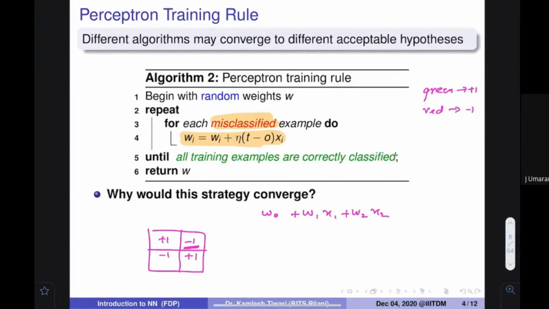If I increase the weights, W0 plus something, W1 plus something, W2 plus something, what would happen? Because this is a linear combination of the items, if I increase by some amount, say delta 1, delta 2, delta 3, then right now my value is negative, and if I increase these values, it would become positive. Make sense?